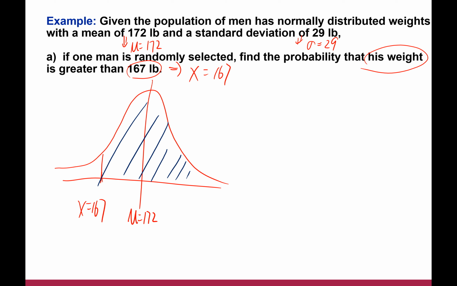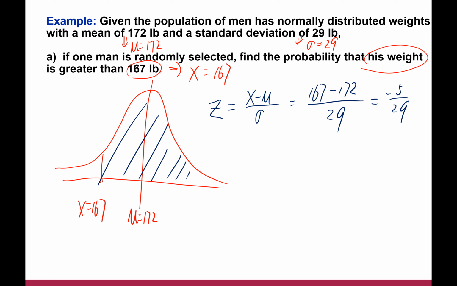Again, first of all, we find the z-score using x minus mu over sigma: 167 minus 172 over 29, which is -5 over 29. This is approximately -0.17.